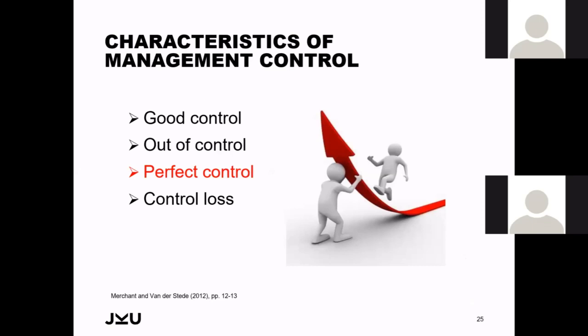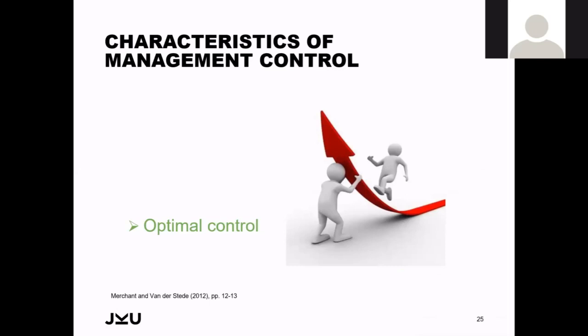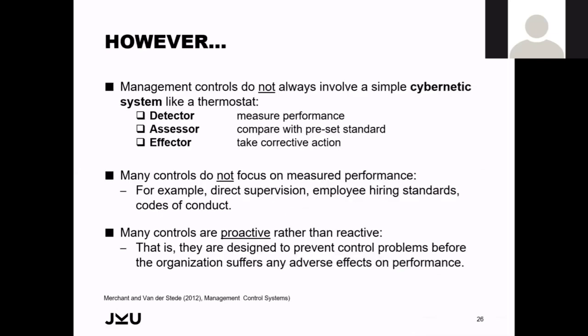Needless to say, we don't want to achieve perfect control, but optimal control. So this is our main target that we want to achieve. However, management controls do not always involve a simple cybernetic system, which means it's not always as straightforward, easy, or countable, and that's why we first need to detect our problems and issues, which means we measure, we control, and we assess: did we reach the goals or not?